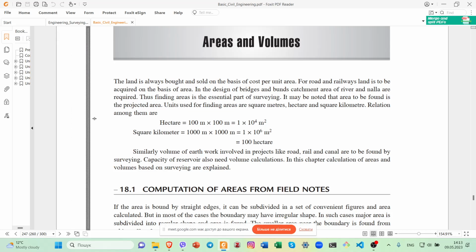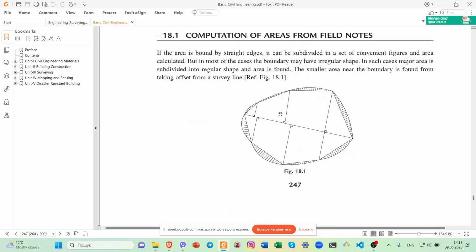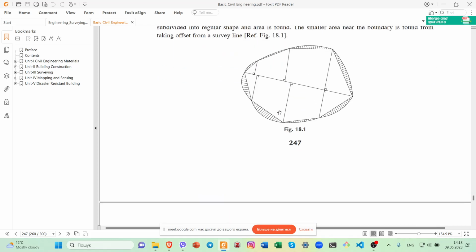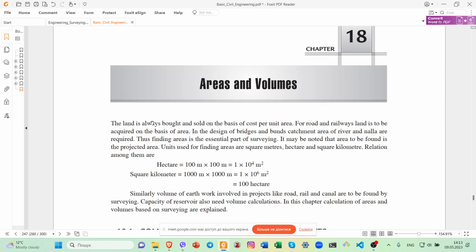The next subject is areas and volumes. The land is always bought and sold on the basis of cost per unit area.